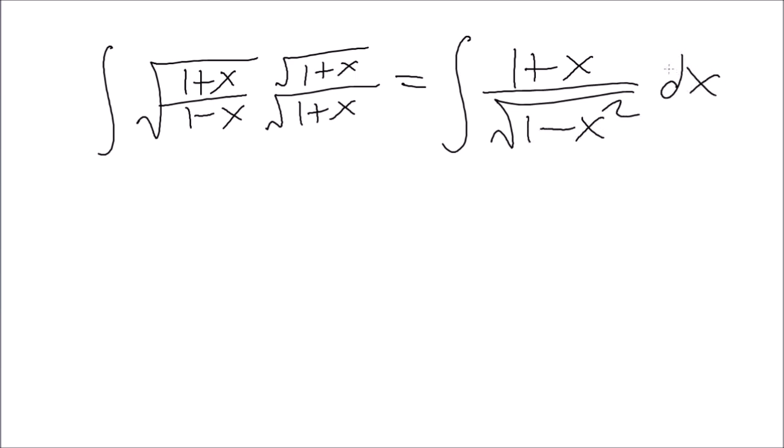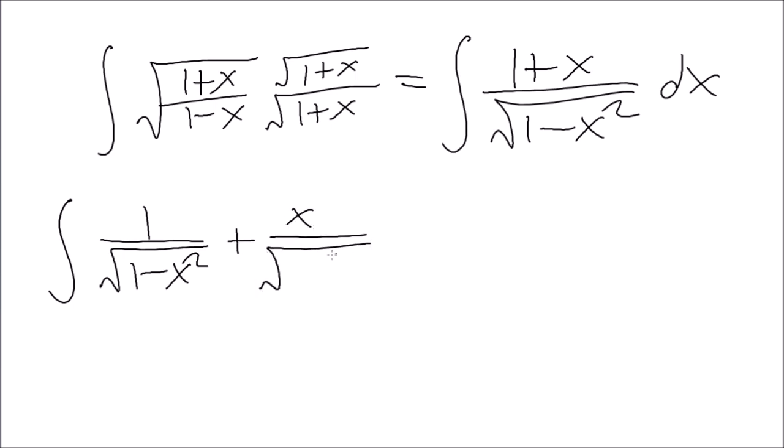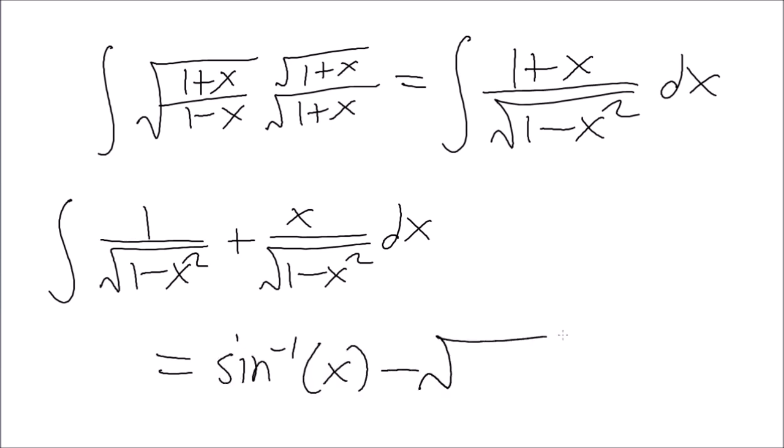I like this because I can just split it, right? If I split it, this is just inverse sine. And then on the other term, this is just a u substitution. Perfect. So then this is just equal to inverse sine of x minus square root of 1 minus x squared.